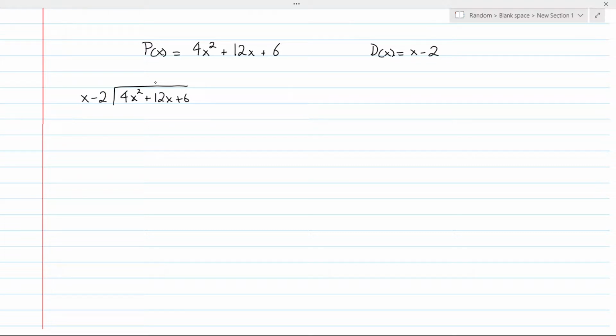The divisor is of the form x minus c. So we will write the c value here, or in this case 2. We will write a box like this, and then we will write the coefficients of the polynomial in the box.